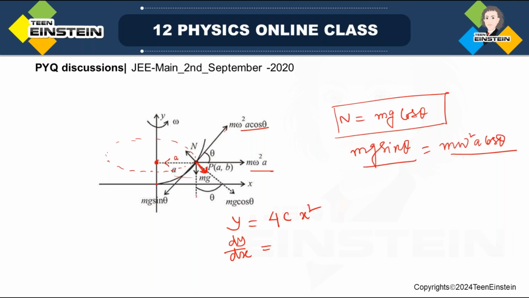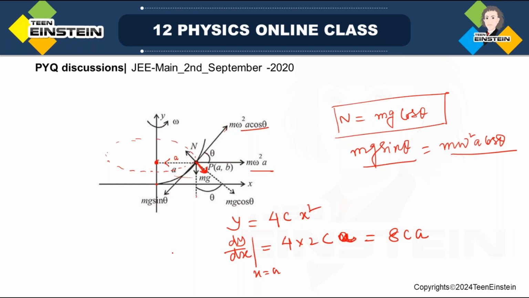At this particular position, the x coordinate is a, so if I put x = a, I get 8ca.